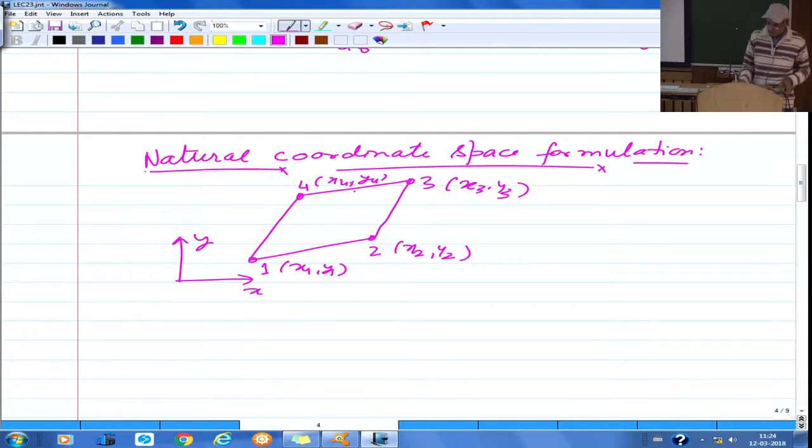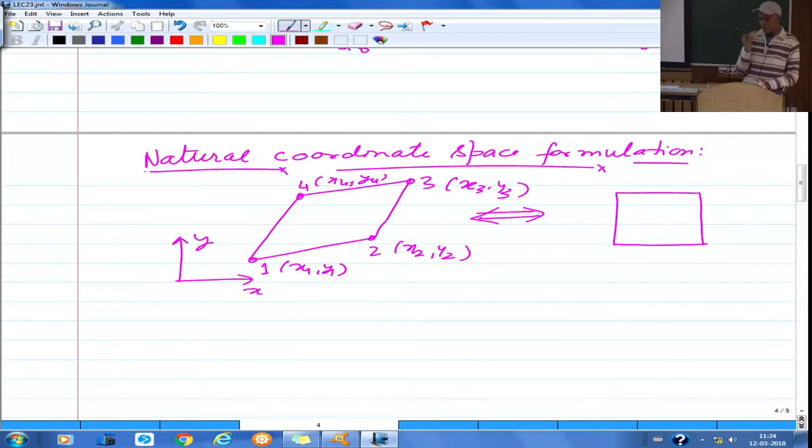But then what we want to do is map this to a space in the natural coordinate system, because natural coordinates vary from -1 to +1. The basic idea here is to satisfy the inter-element continuity of primary variables.